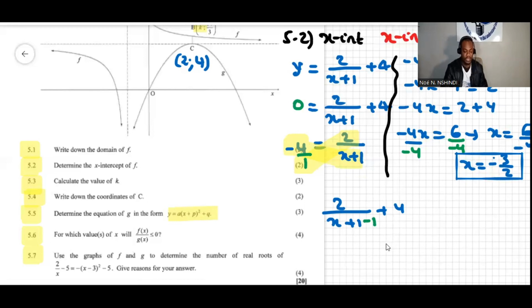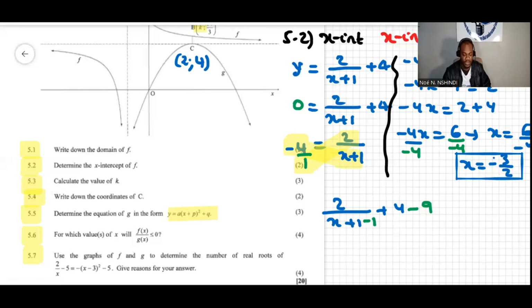Now, initially we had 4 here, and then we can see negative 5 here. It means we minus 9, and this minusing by 9 outside the fraction means vertical shift. So the graph will be shifted 9 units downwards.